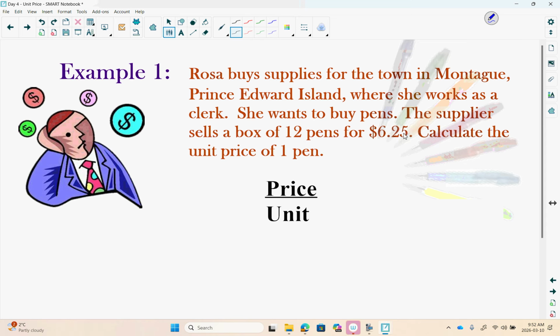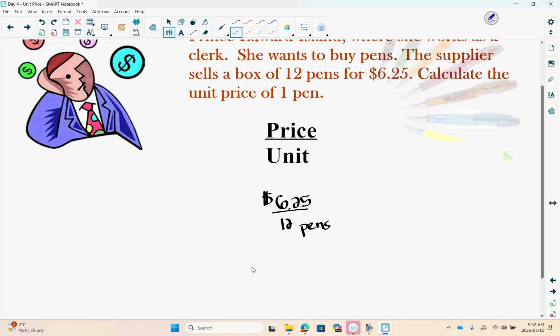The 6.25, the price, the dollar amount, goes on top. So it's going to be $6.25 divided by what? 12, and what are those units on the bottom? Pens. And when I divide this, what is 6.25 divided by 12?